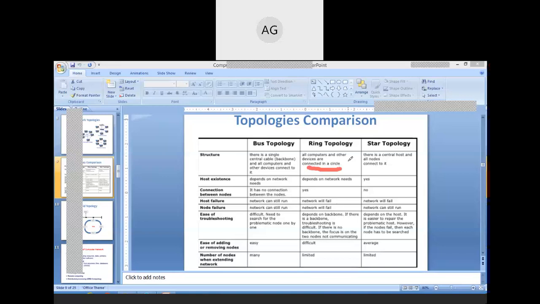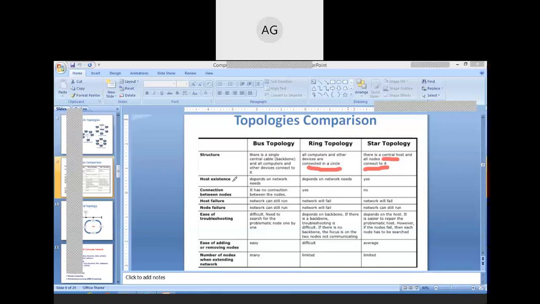Every system has its left neighbor and its right neighbor. In the case of star topology, there is a central host, and all nodes are connected to it, as we already saw in our last slide. So this is the structure.